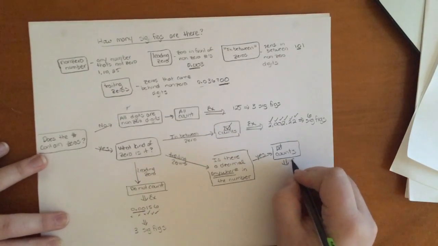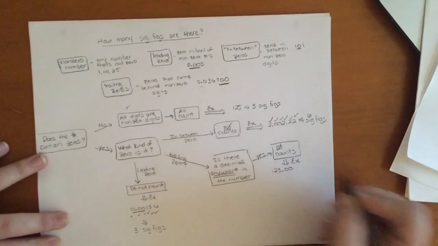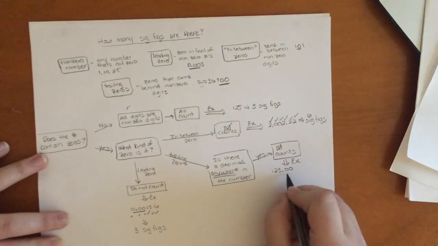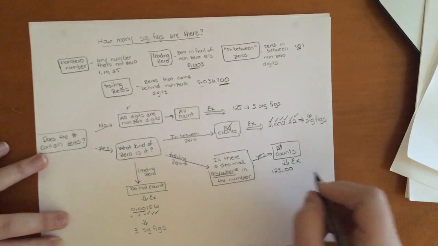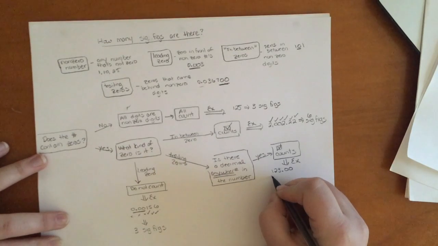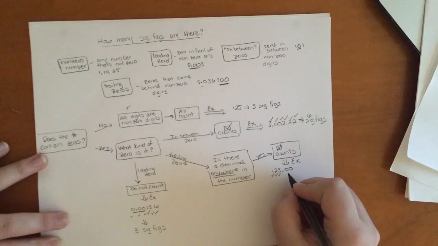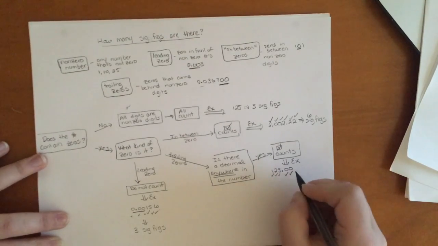For example, if we have 123.00, if we measure something on a balance and it gives us these 2 extra zeros, that means it measured these 2 extra places, and so these zeros count. So non-zero digit, non-zero digit, non-zero digit, trailing zero with a decimal. And so this is 5 sig figs.